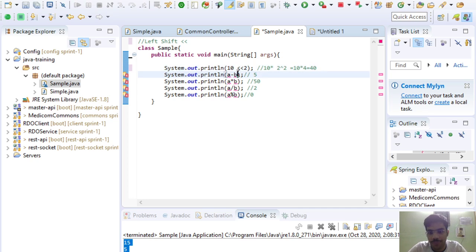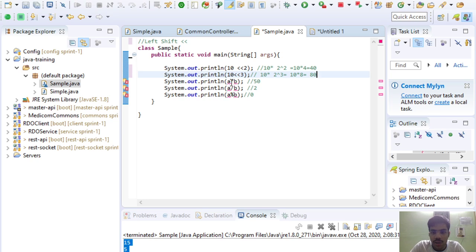I hope you understand; it may be a little confusing. I will explain again. If you want 3, what does that mean? 10 multiplied by 2 to the power of 3. Hope you understand that statement. 10 star 8, because 2 cubed is 8. The output will be 80.